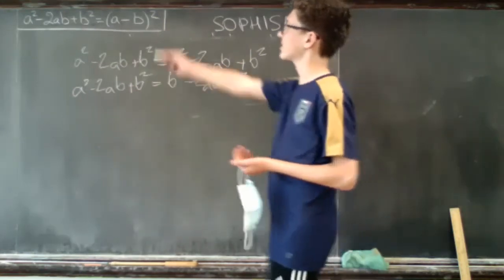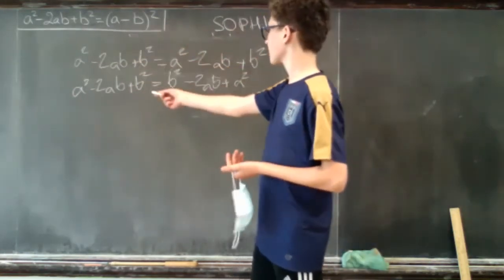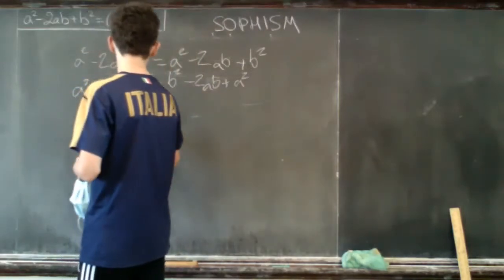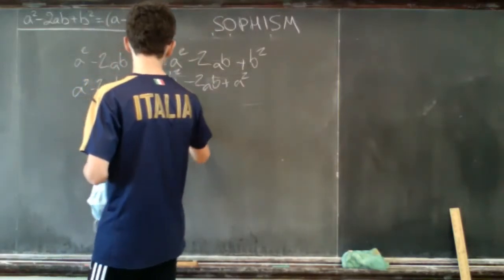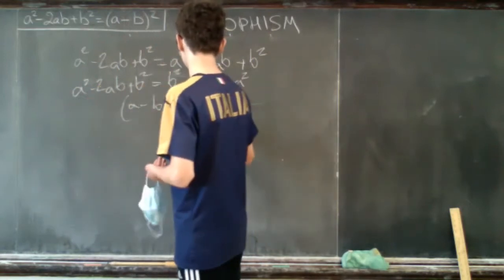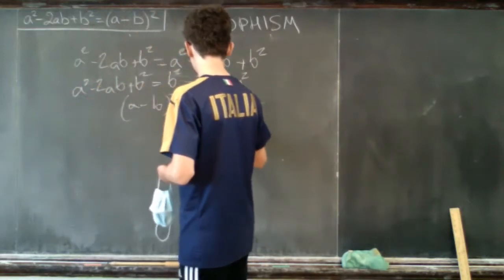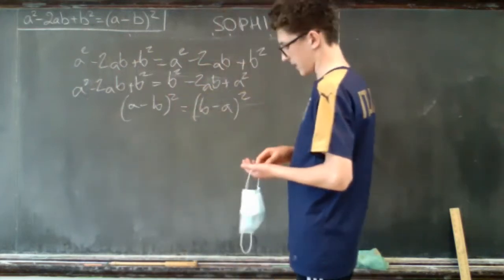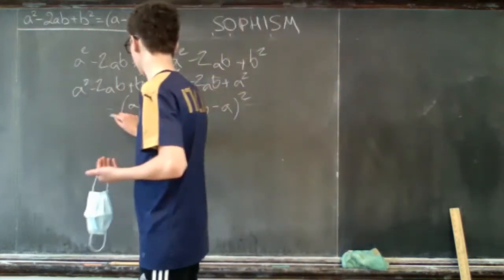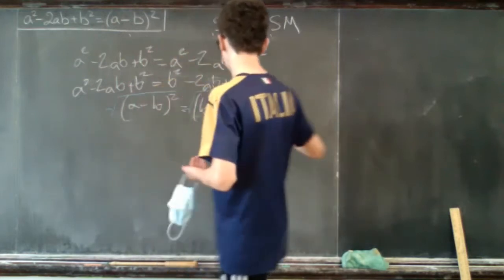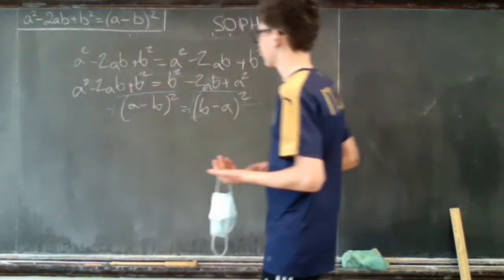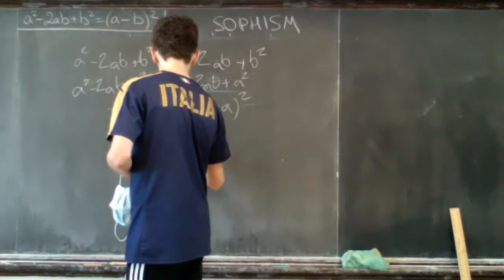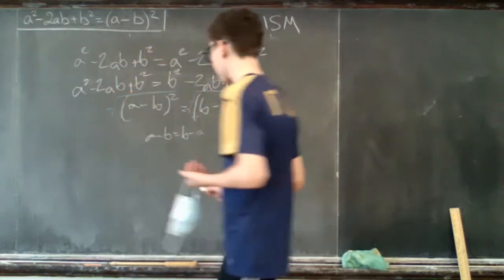Next, using this formula, we're going to turn these into (a minus b) squared equals (b minus a) squared. Then I'll take the square root of both sides and get a minus b equals b minus a.